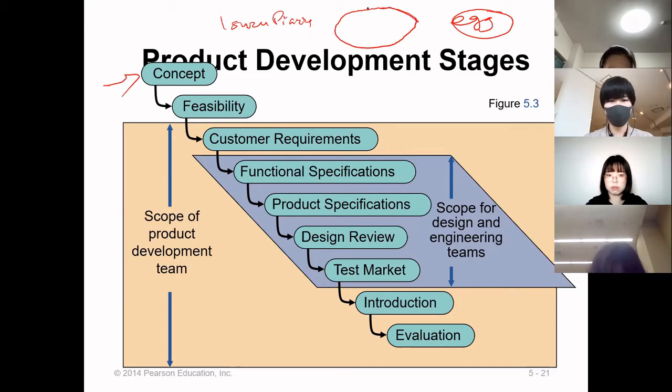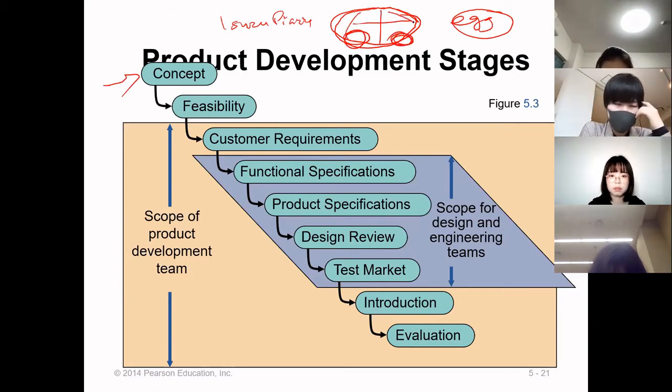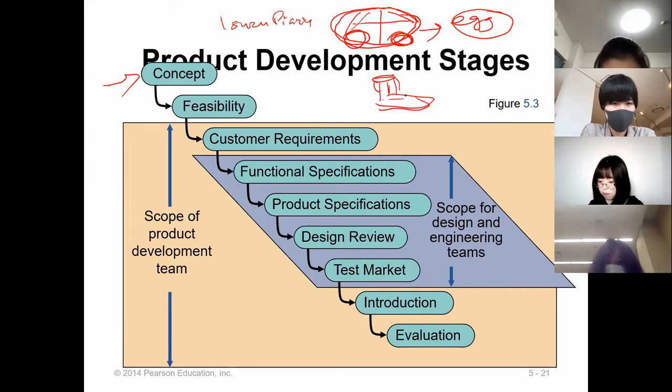So the tamago concept became a car, a mini car. There are also basketball high heel shoes. I know a lot about cars.